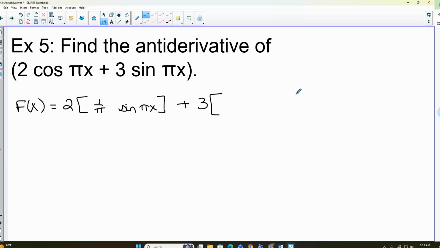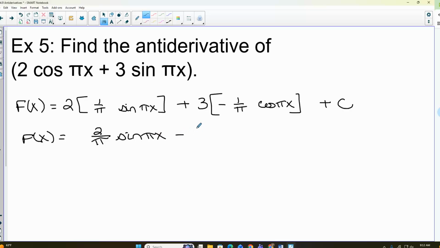What has a derivative of positive sine? The angle stays the same. The derivative of the angle is pi, so we need a 1/pi. And we have a plus c. So we have 2/pi sine of pi x minus 3/pi cosine of pi x plus c.